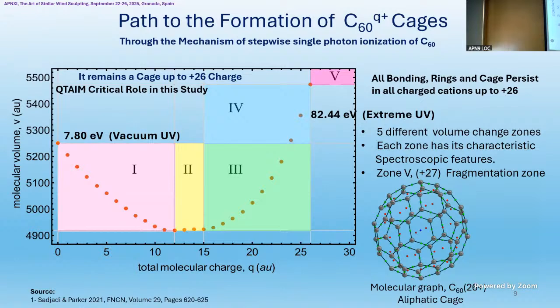So we propose a pathway to the formation of this, and that is a single photon ionization. We calculated each step of the ionization from 1 to 26. The range is between 7.8 to 82.44 electron volts, all still in the UV range.